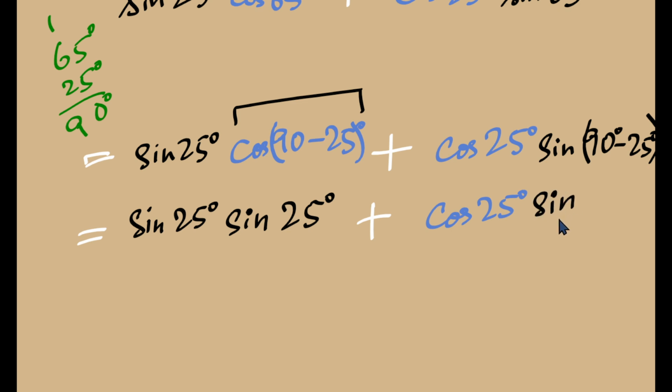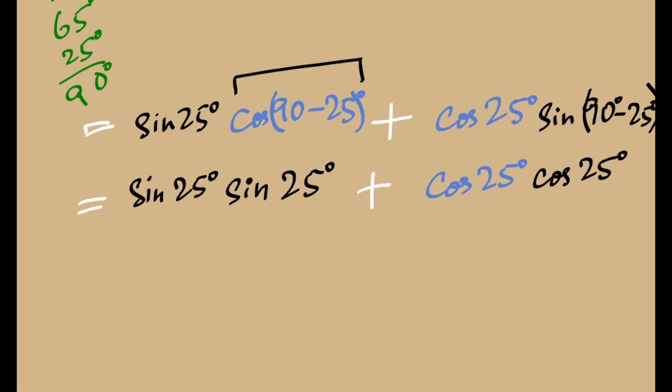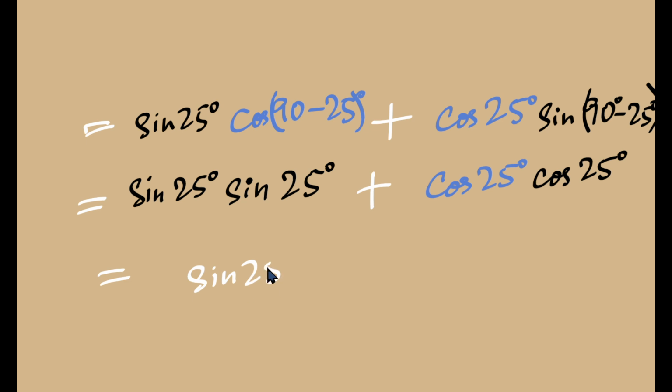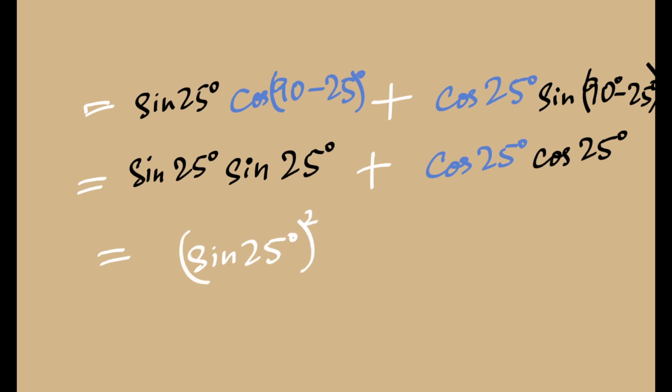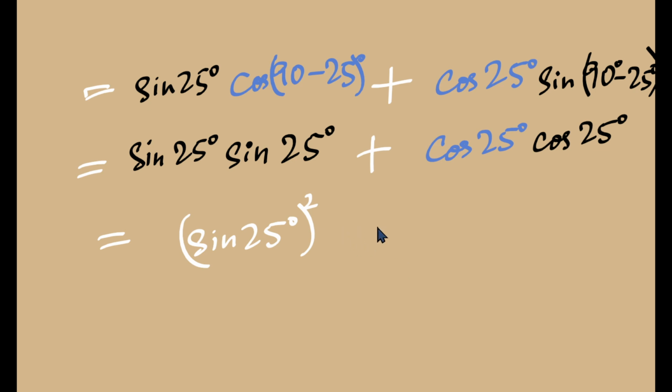The sine of 90 minus 25 degrees can be written as the cosine of 25 degrees. With the same logic, both the ratios are the same. If you are very confused about the proof, you can go back and watch it anytime you want. So this is equal to the sine of 25 degrees whole squared, because there are two sines multiplied together, plus the cosine of 25 degrees squared.